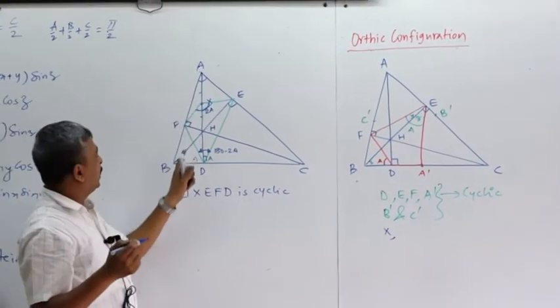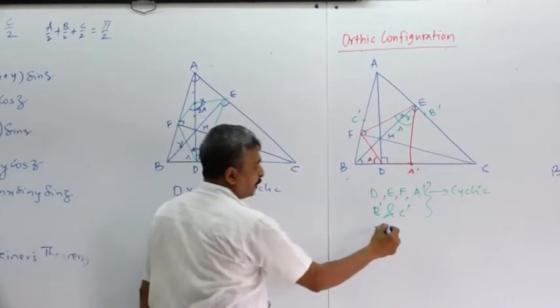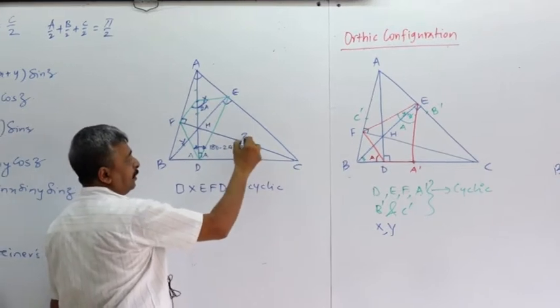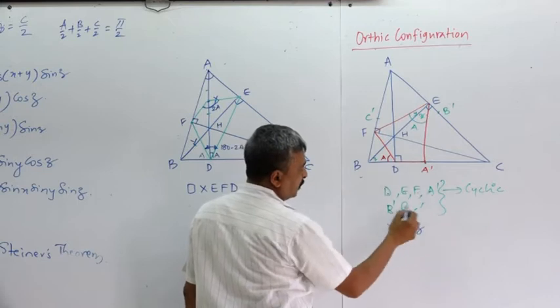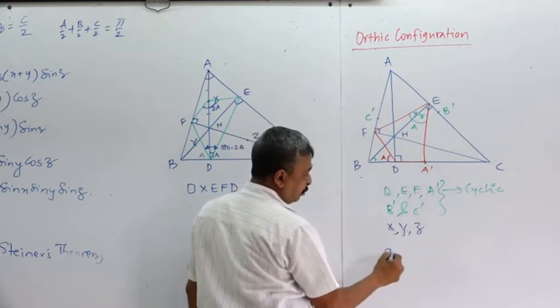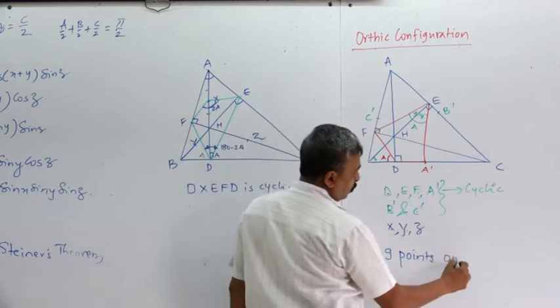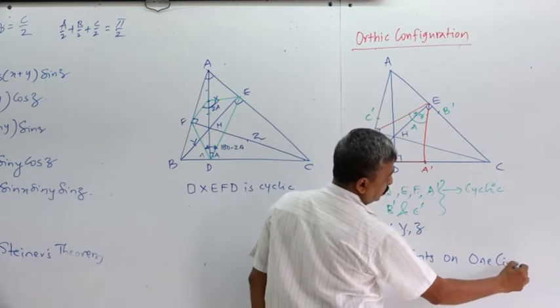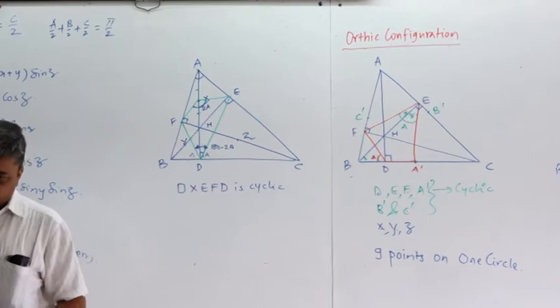Why only X? Midpoint of B and H, Y also will join. C and H, Z will also join. So 1, 2, 3, 4, 5, 6, 7, 8, 9. 9 points on one circle. We have proved this, that there are 9 special points.